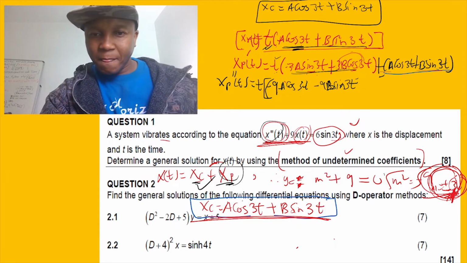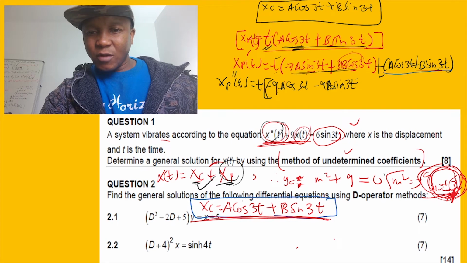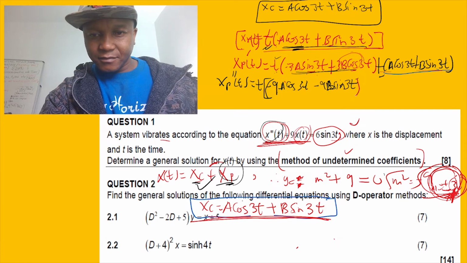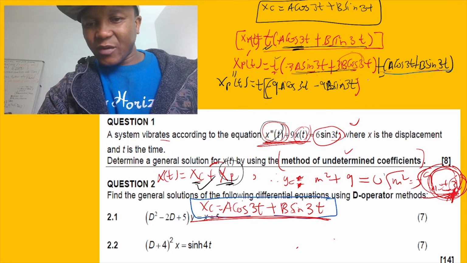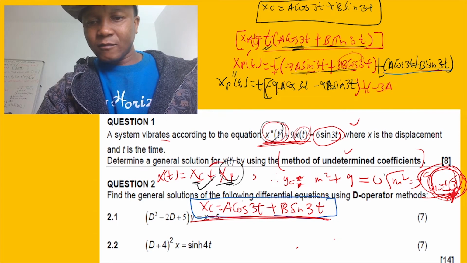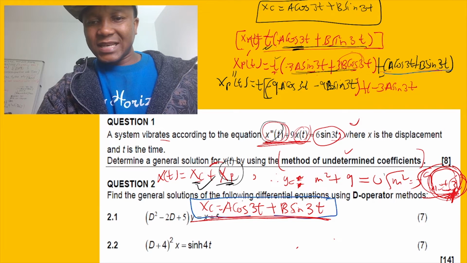And now this is going to be constant, and then we're going to differentiate the t. If we differentiate t we get 1, which means you're going to write exactly how it is. We're going to say plus negative 3a sine 3t, and then plus 3b cos 3t.